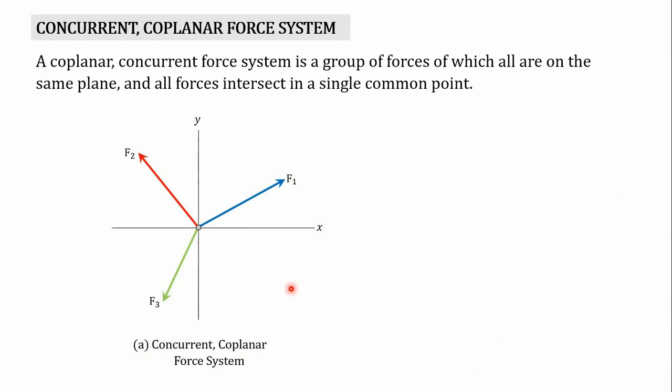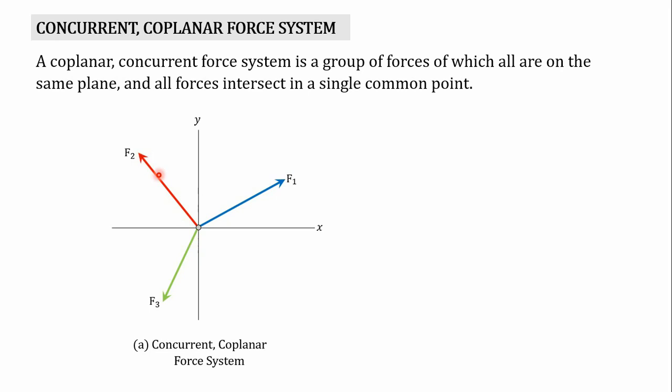Okay, so what is a concurrent coplanar force system? A coplanar concurrent force system is a group of forces of which all are on the same plane, like in this figure, and all forces intersect in a single common point.